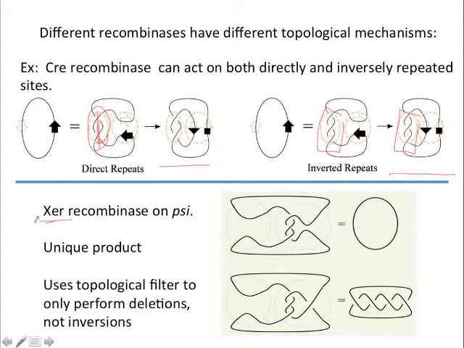XER, on the other hand, produces a unique product when acting on unknotted DNA. It will always trap exactly 3 supercoils right here, and then introduce a fourth crossing, creating this 4-crossing link, which is often called a 4-cat, for a 4-catenane, a 4-crossing catenated product.